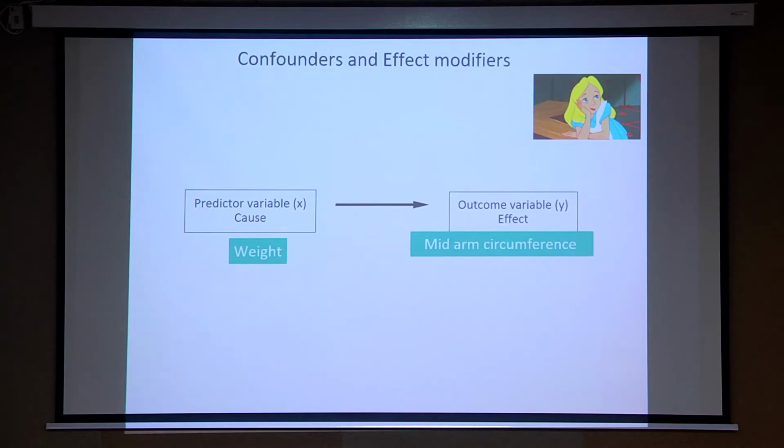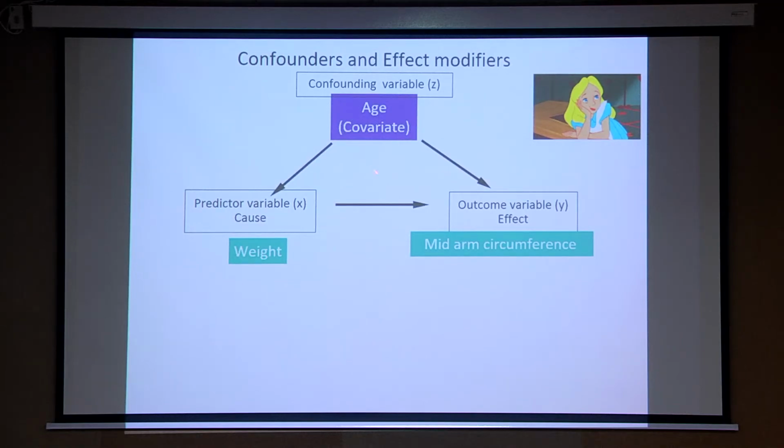Say when the child is obese or has more weight, the mid-arm circumference is going to be high. But there is another confounding factor, that is age. When the confounding factor is continuous data like age, it is called a covariate. So it may affect the weight as well as the mid-arm circumference.